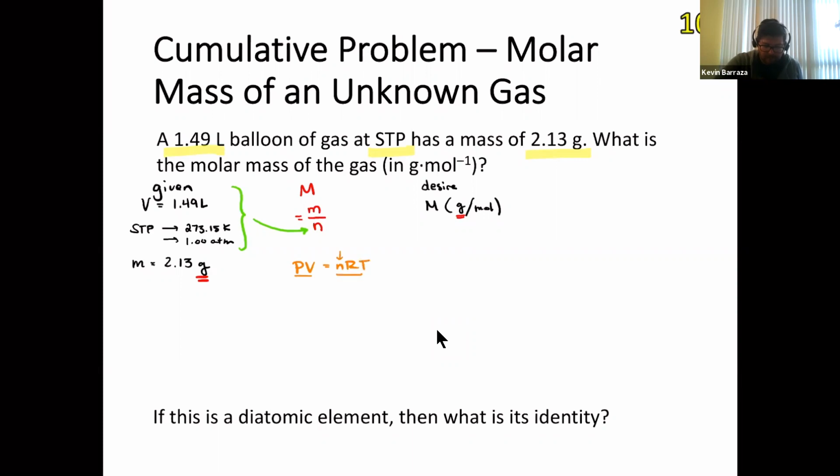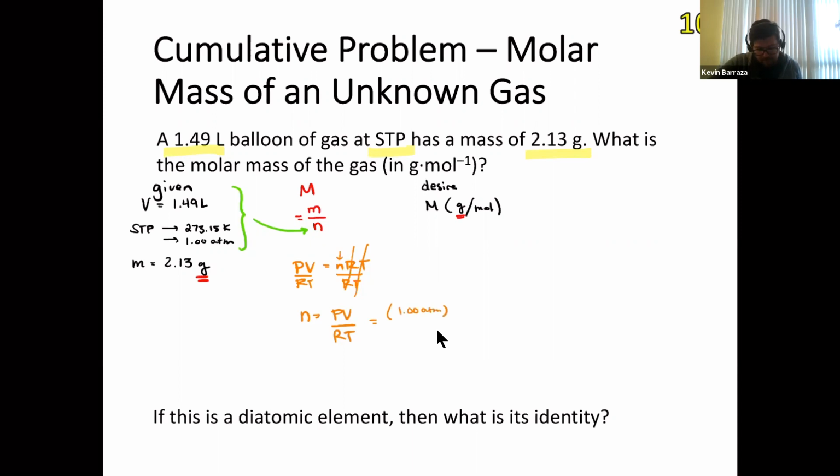So we're going to divide both sides by RT. And we get n is equal to PV over RT. And then, as we did on the quiz, it's a matter of plugging in numbers. I think we're getting pretty good at plugging in numbers into the formula.